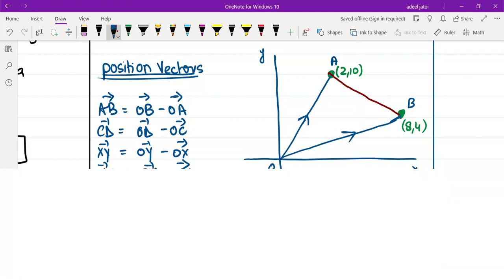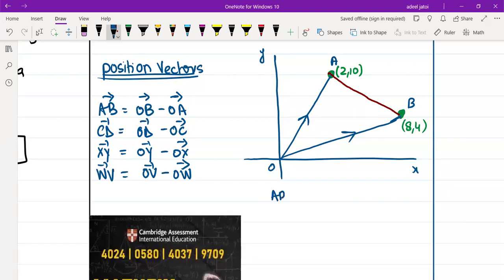So if I want to find AB, I'll go to AO, plus I'll go to OB. What does AO mean?